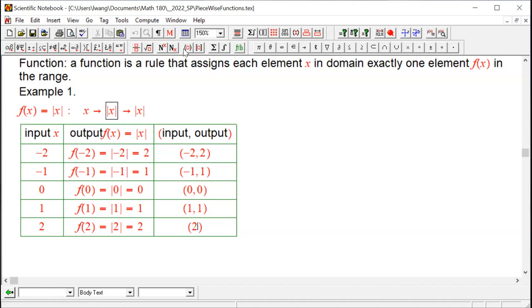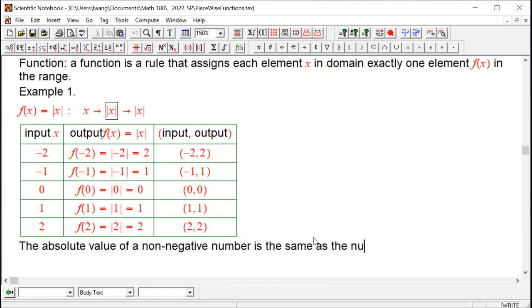Now what we have observed, as we mentioned earlier, is that the absolute value of a non-negative number, which includes 0 and the positive numbers, is the same as the number.